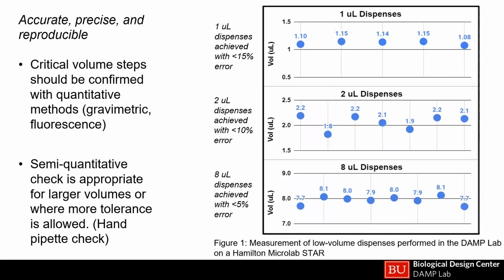Here are some examples of low volume dispenses that were performed with the Hamilton Microlab Star. I was able to achieve less than 15% error with the 1 microliter, and then that gets only better as you increase the volume. These numbers can probably be optimized more than they are, but low volume pipetting is a challenge.